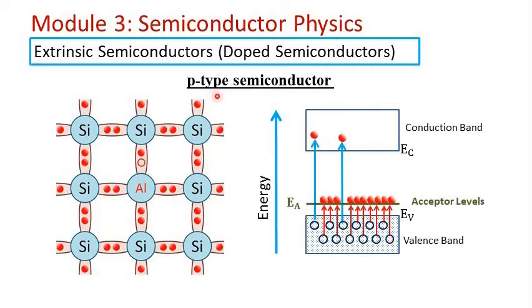In P-type semiconductor, a trivalent impurity such as aluminium or boron is added to pure semiconductor to get an extra vacant state. The trivalent atoms have 3 electrons in the valence orbit, and all these 3 electrons form covalent bonds with 3 neighboring semiconductor atoms, and one bond is left incomplete and gives rise to an empty state, an empty location.